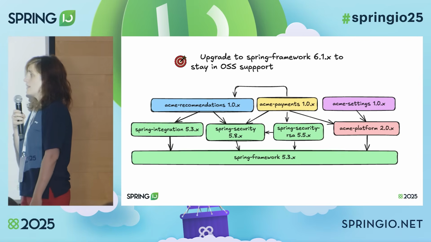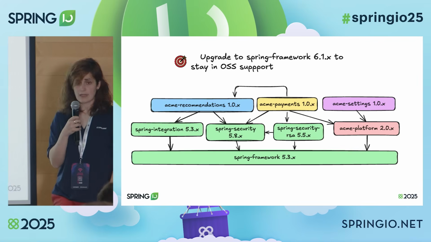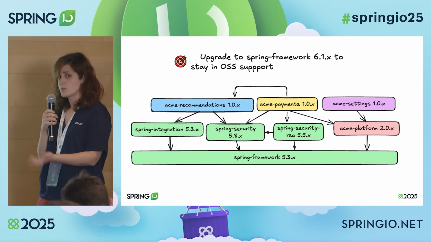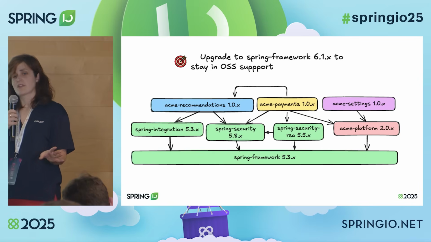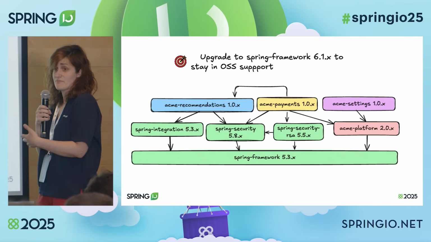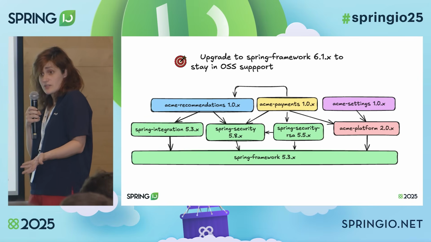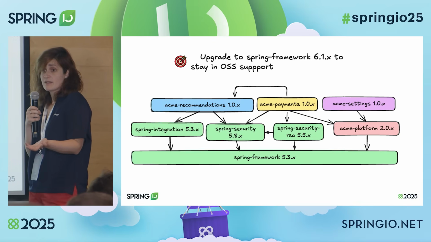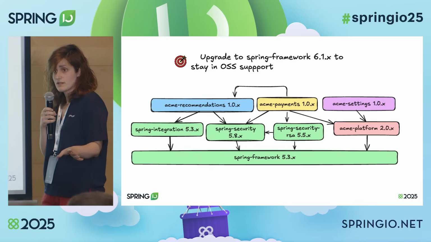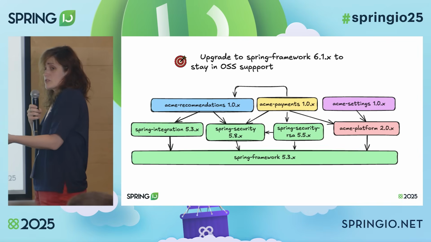And then the last, but not the least, is that some of those projects won't accept to upgrade. That has happened. There are many relevant projects that rely on Spring, and they are not going to publish new releases. They have stopped. And in those situations, you need to migrate.